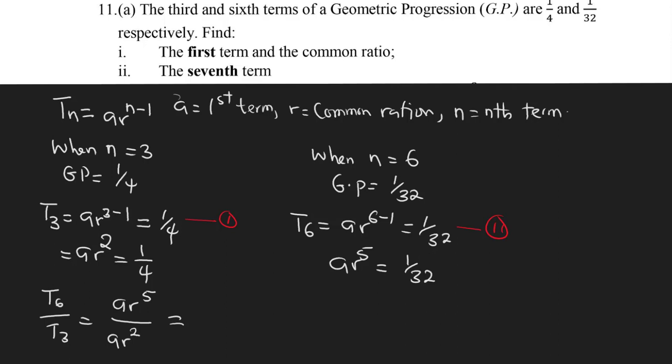So the best way of doing this is simply 1 over 32 divided by 1 over 4.